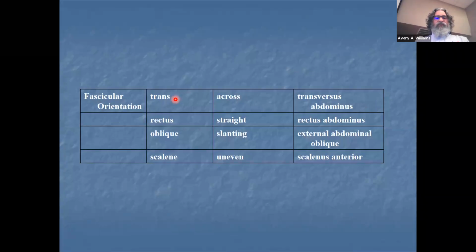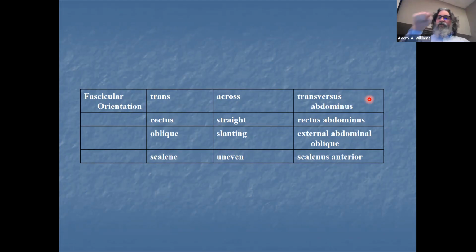So these terms like transverse, rectus, oblique, and scalene refer to the axis of the body or the axis of an appendage. For example, this muscle, transversus abdominis. Of course, you know abdominis, that's the abdominal region. And transverse, remember the transverse plane is the horizontal plane going across.